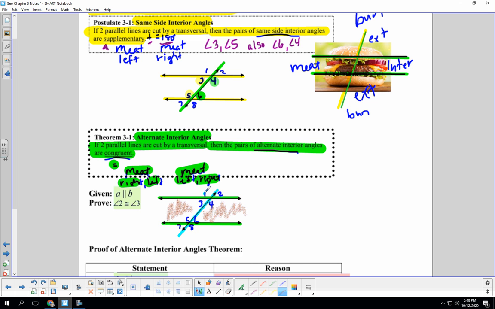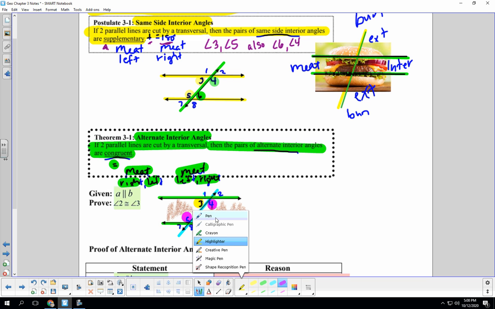So if you're in the meat and one of you is on the right, like 6, and one of you is on the left, like 3, then you are congruent. Or you can even say, if you're in the meat and one of you is on the left and the other of you is on the right, you are also congruent.